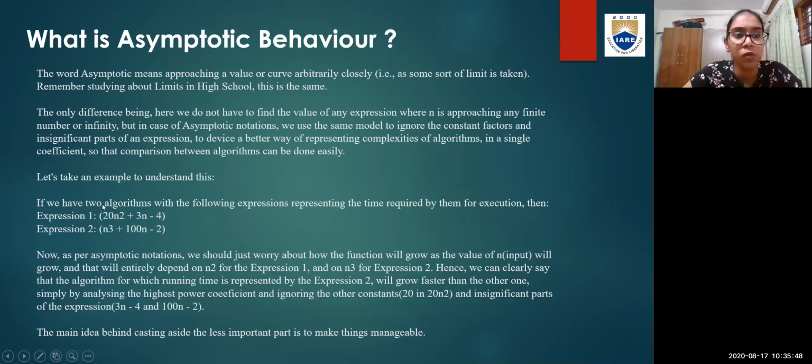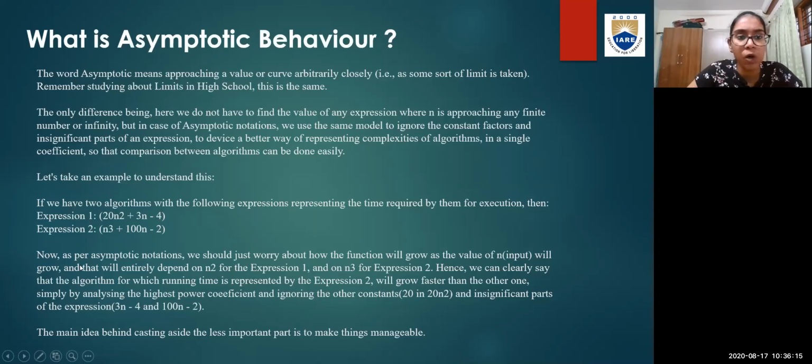Now, an example of this is if we take two algorithms with the following expressions representing the time required for them for execution. For example, expression 1 is 20n square plus 3n minus 4. And the second expression is n cube plus 100n minus 2. Now, for different values of n, for different inputs of n, we just see how it is growing for the growing value of n.